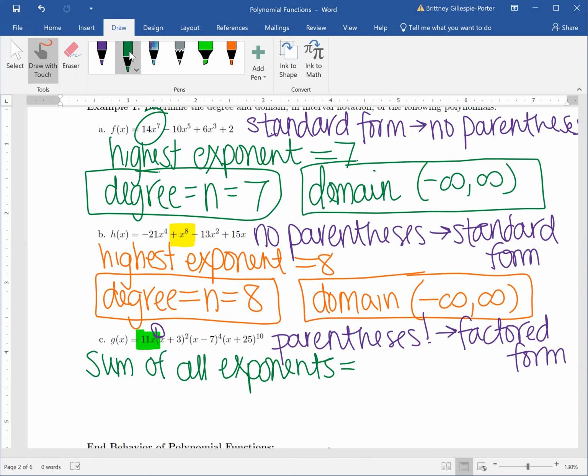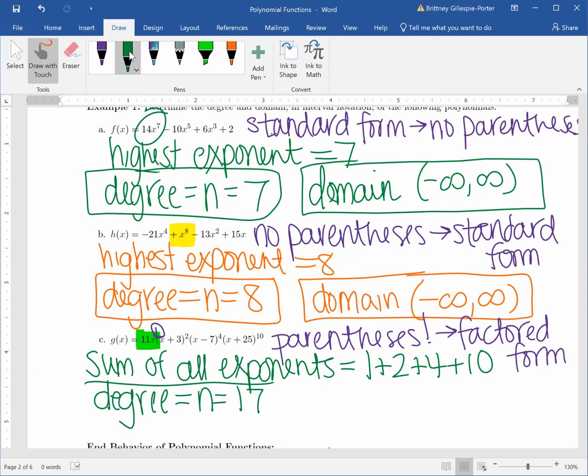So our exponents that we need to add are going to be 1 plus 2 plus 4 plus 10, which means that our degree, which we call n, is going to be 17.